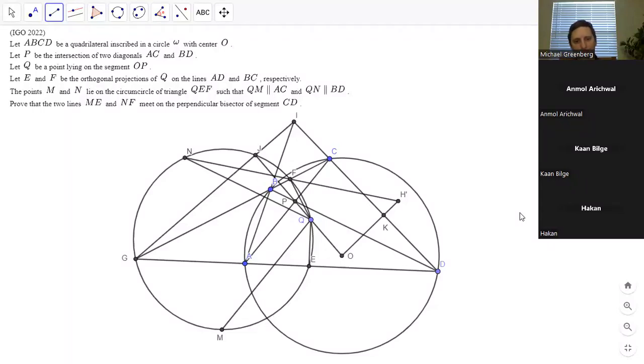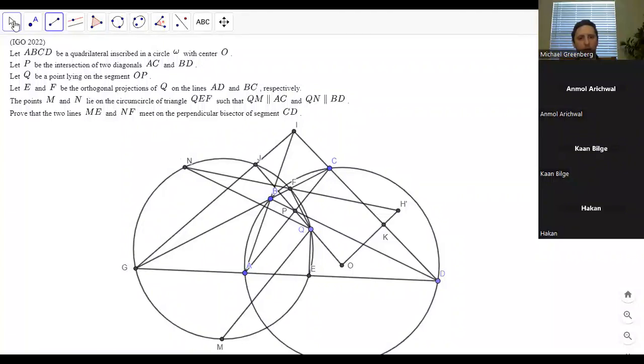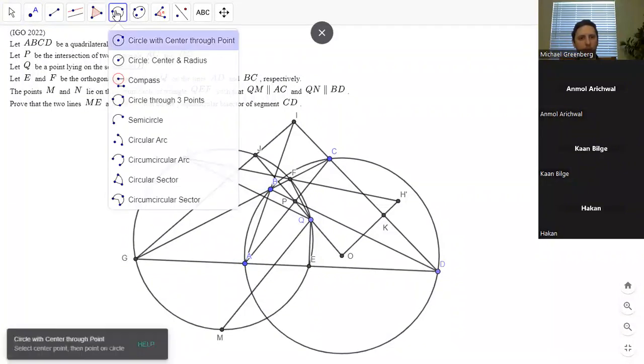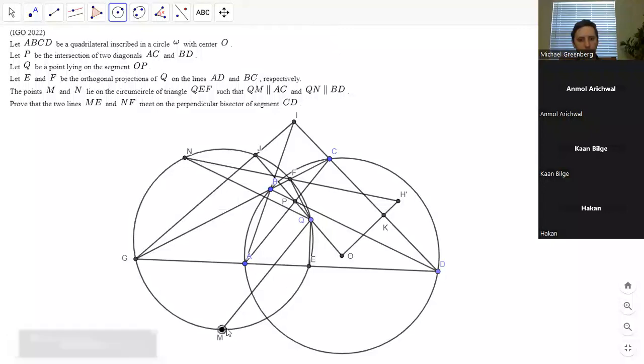Although, yeah, is M the midpoint of the arc? No. I have to use the parallels somehow. I realize that.